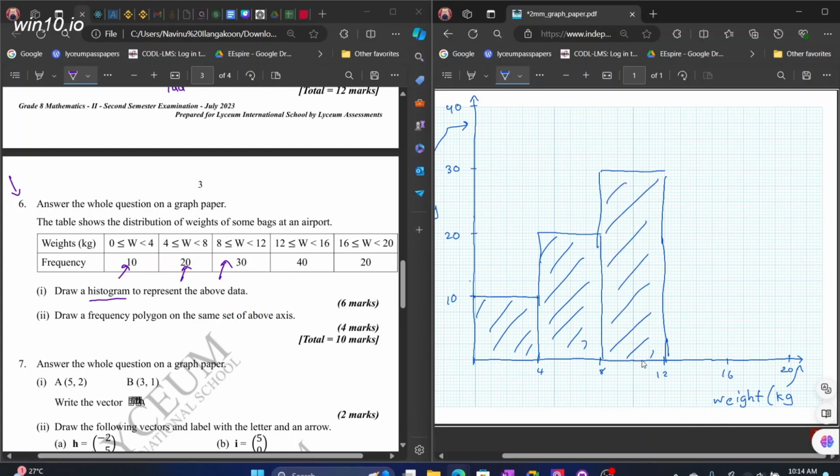Then 12 to 16, that's 40. Then 16 to 20, it's 20.